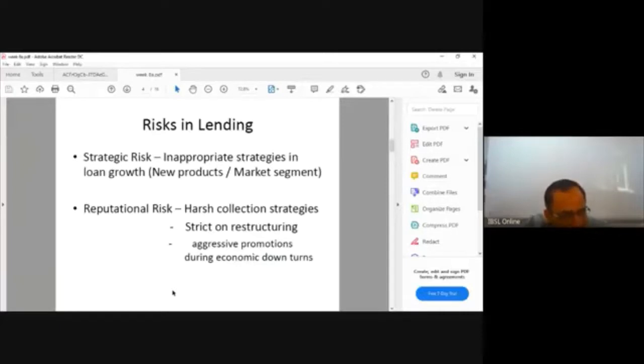Now, it's not that the premium sector is only catered to by the banks; that is also catered to by the finance companies. But many a time the other sectors are looked after by the finance companies because banks sometimes do not have that appetite. For example, three-wheeler lending, lending for buying three-wheelers, two-wheelers, and all that.